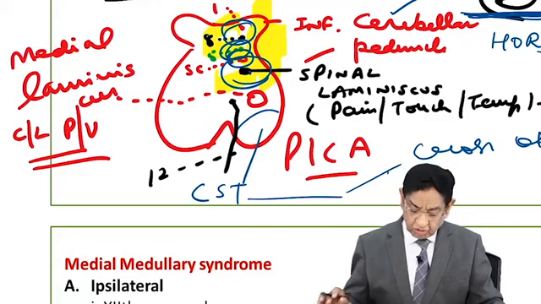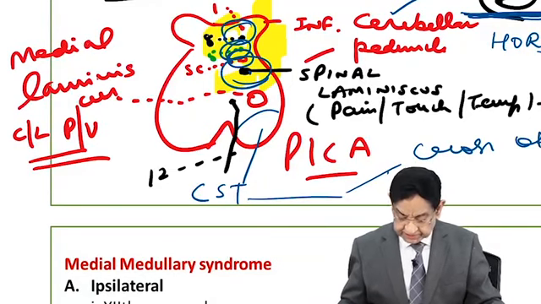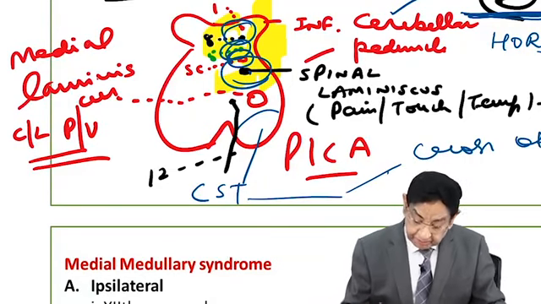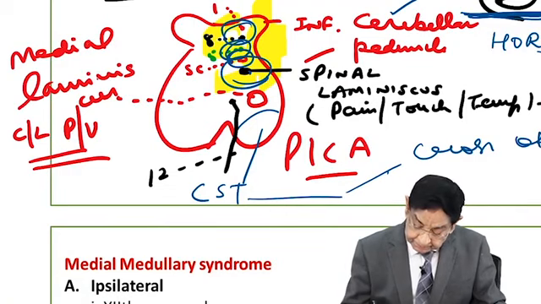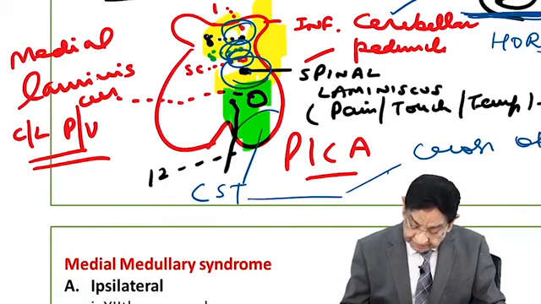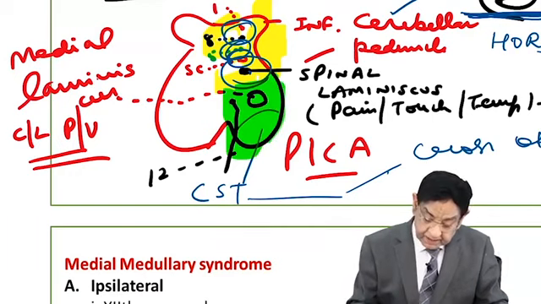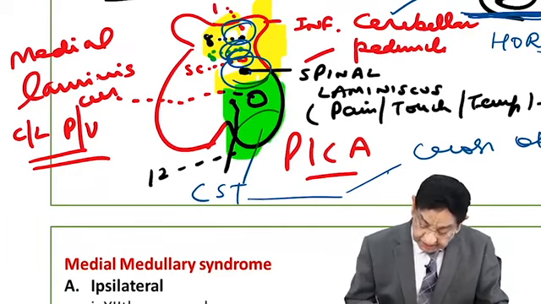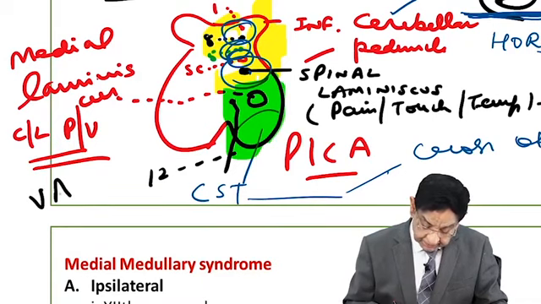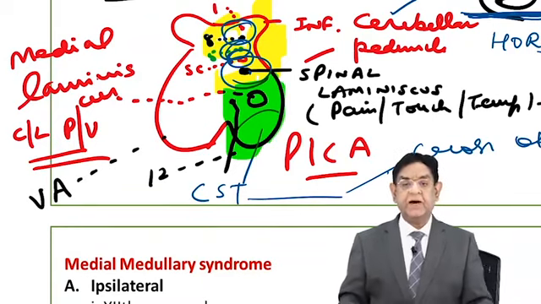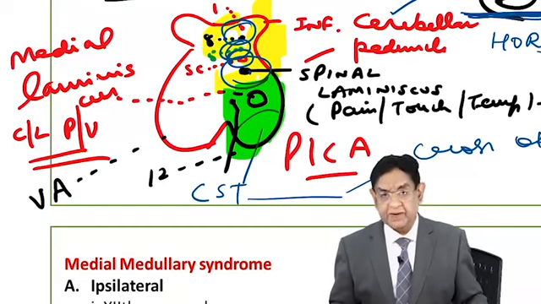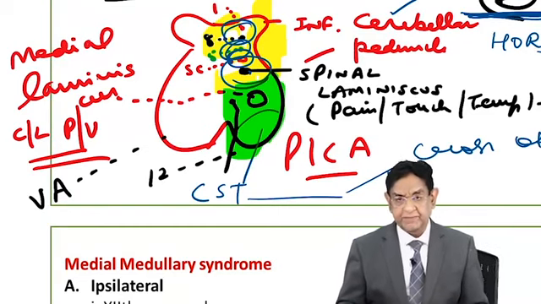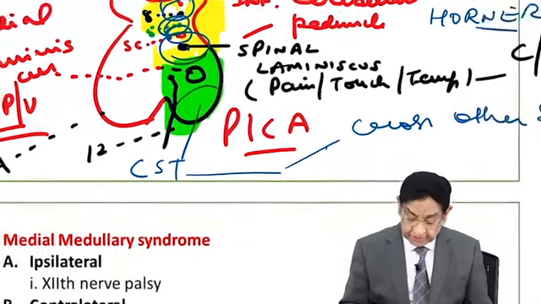Now this part of the brain is supplied by a branch of the vertebral artery. So how will he come to us?